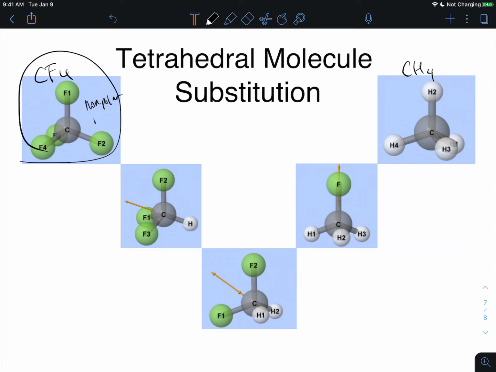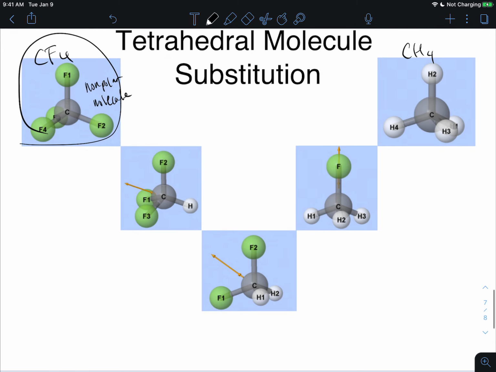And the reason for this is because our bond dipoles cancel out. So if we look at this structure right here, all of our bond dipoles, they're symmetric around that central point, so they will cancel each other out.